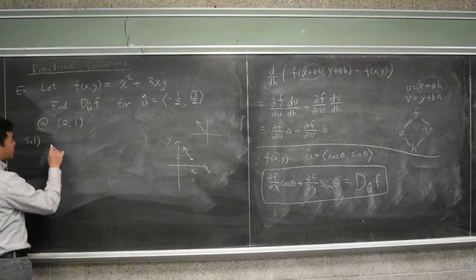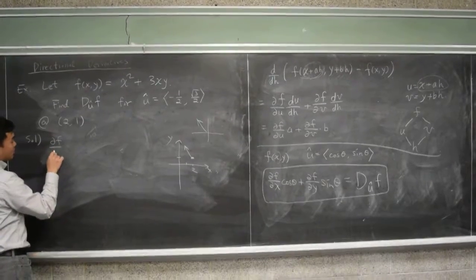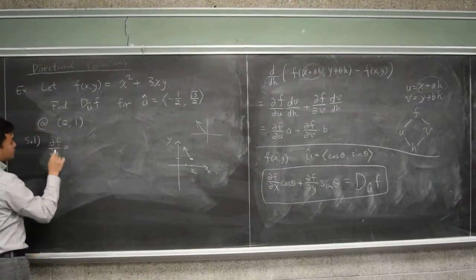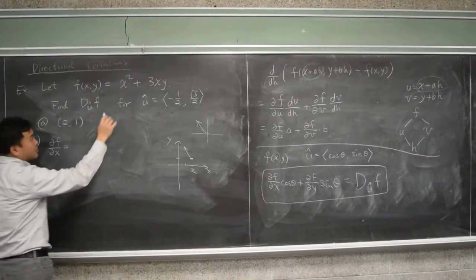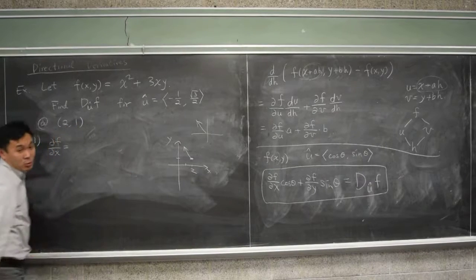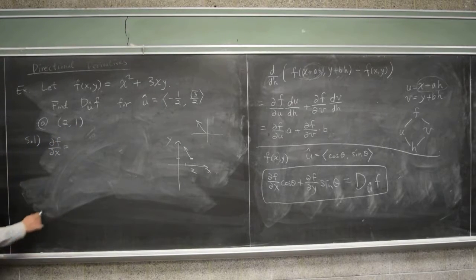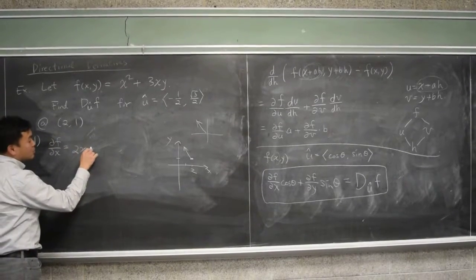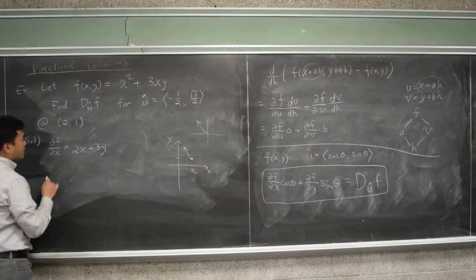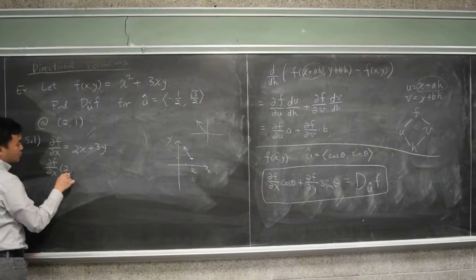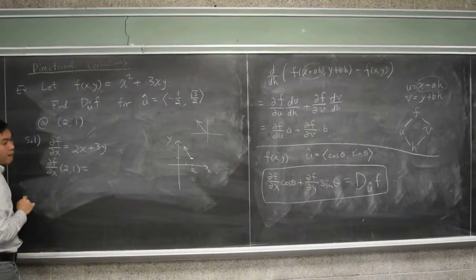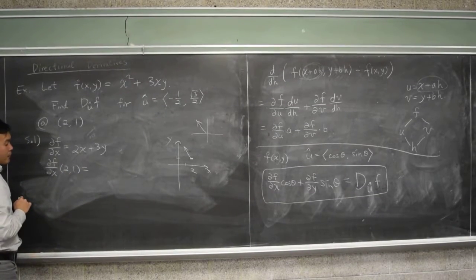First, we have to find the partial with respect to x. If I do partial derivative with respect to x, what's that? 2x plus 3y. Now, if you evaluate this at 2, comma 1, what do you get? 4 plus 3.